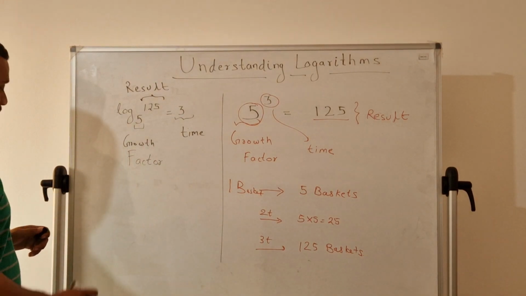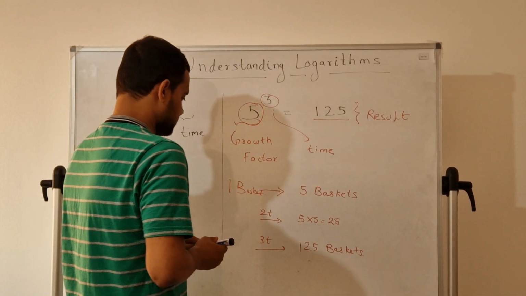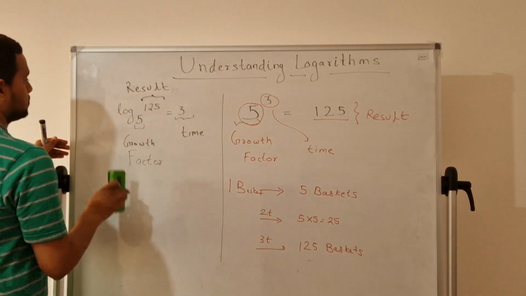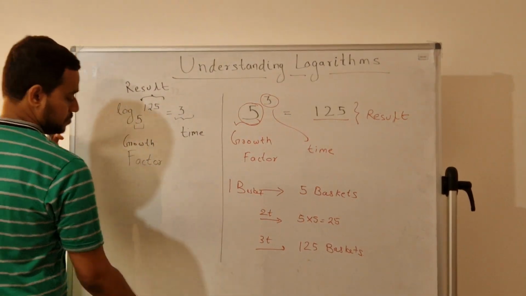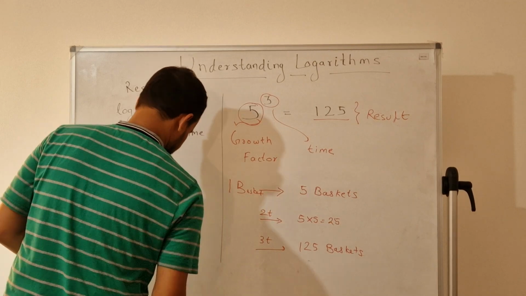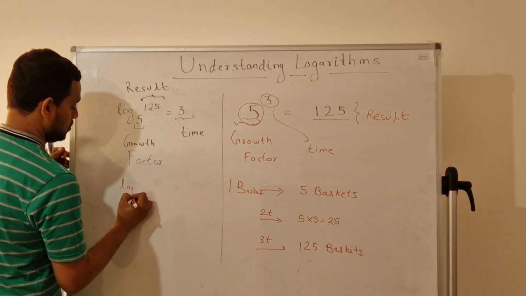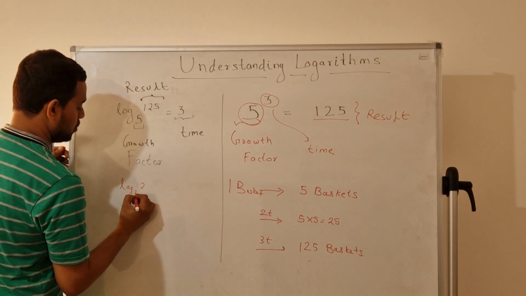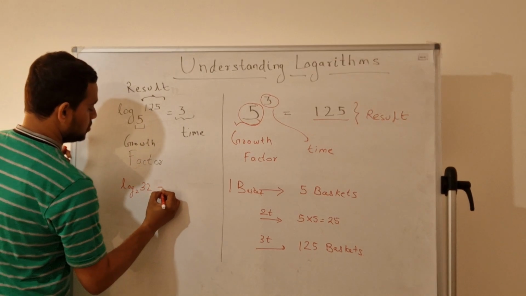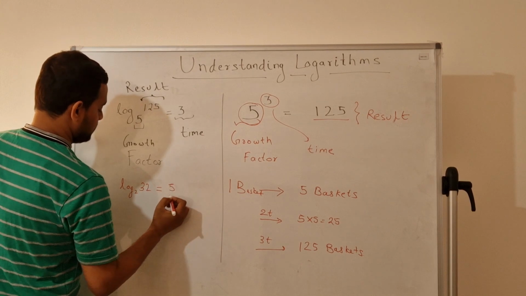Make sense? Let's take another example. Log base 2 of 32 is equal to 5.